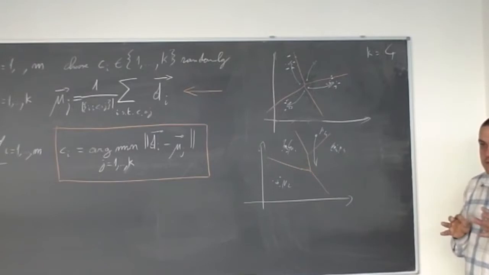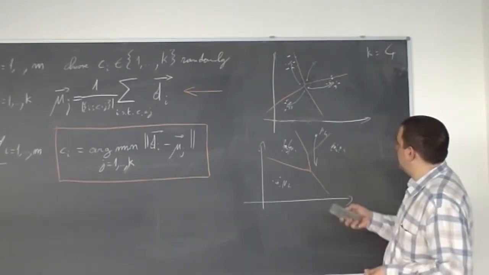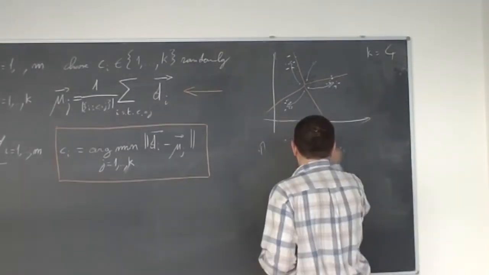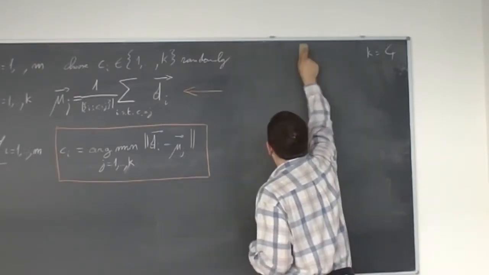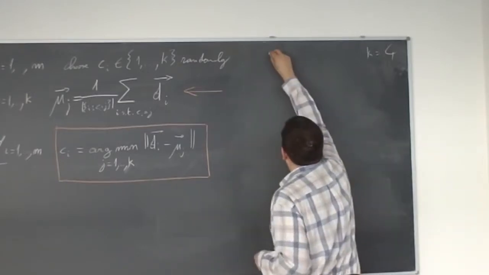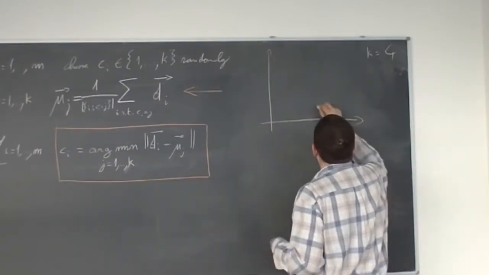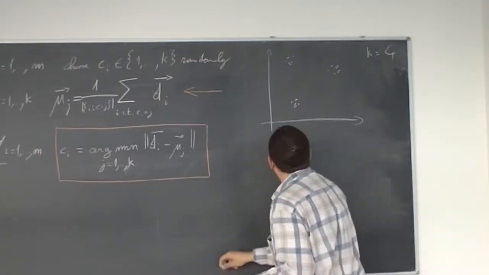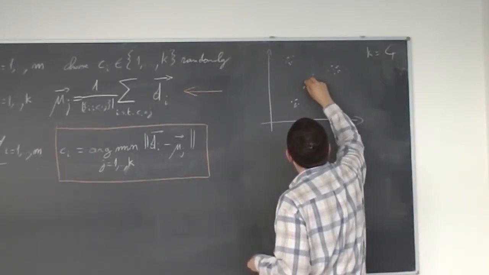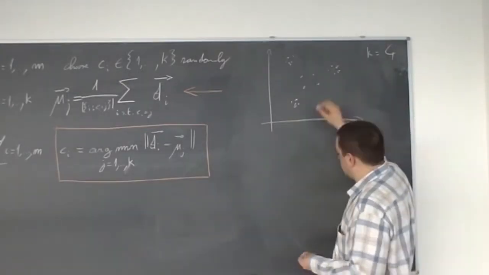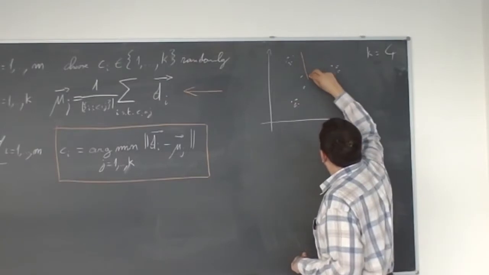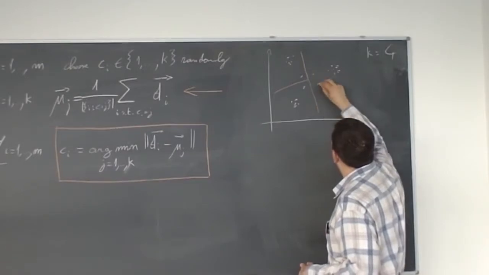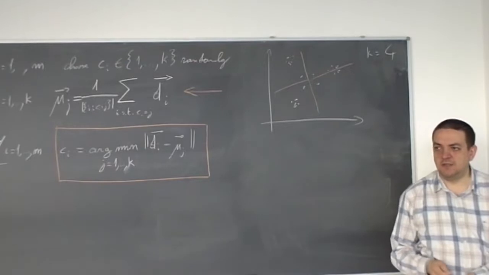We can also have another case. Instead of moving in an empty part, what can happen if we are in a situation where, for example, suppose that it's like this.